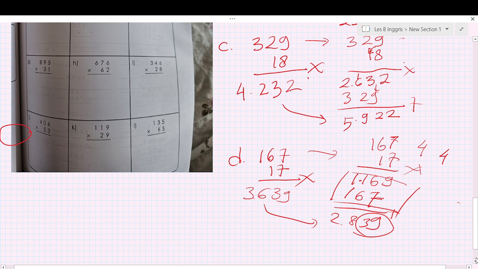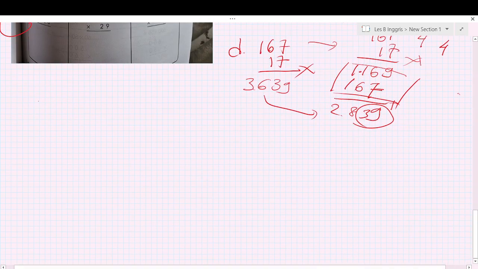Okay. So 167 times 17. It's the same as before. You multiply the ones with the 100 one by one from behind. So the first is you multiply the 7 with the 7, you got 49. Keep the 9 behind and the 4 beside.